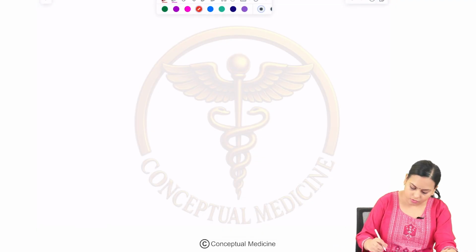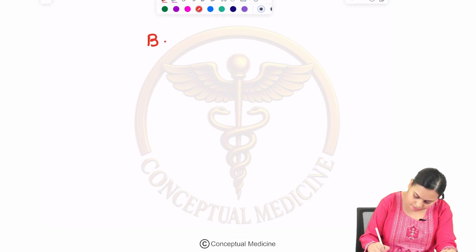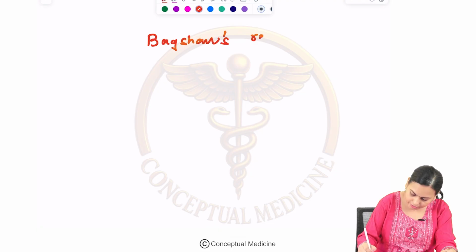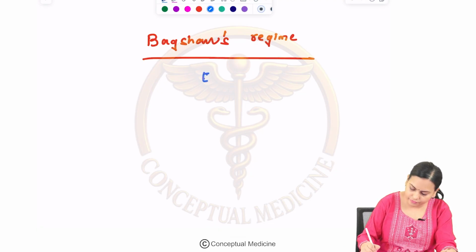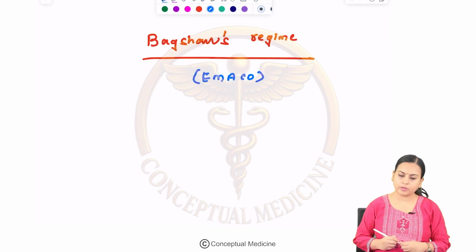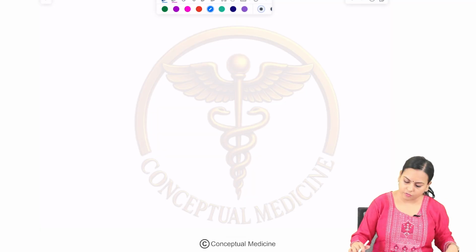Right. Now let's discuss multi-agent chemotherapy. It is also known as Bagshawe's regimen, which has the drugs in the acronym EMACO. Let's expand this EMACO first.